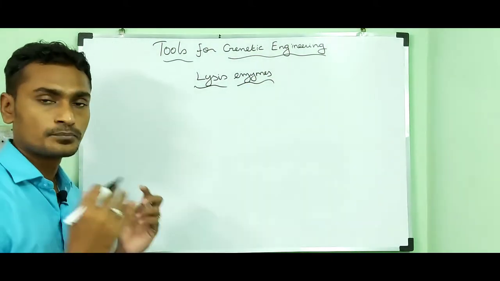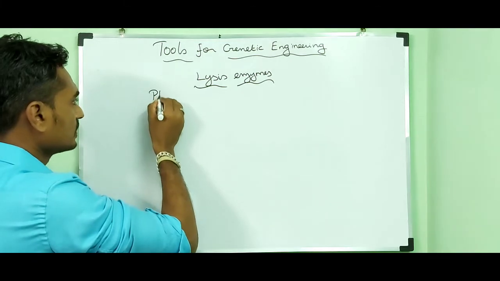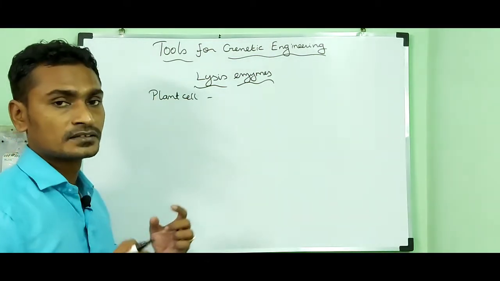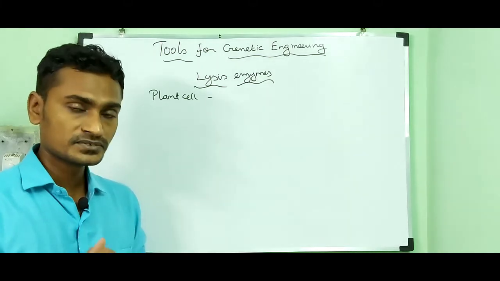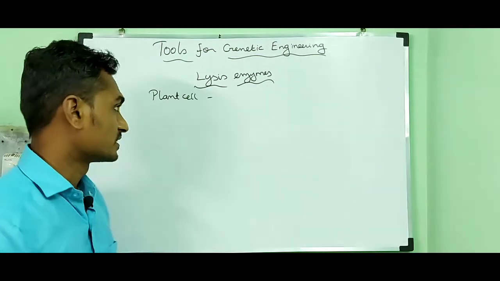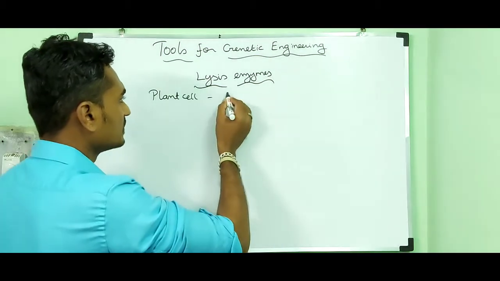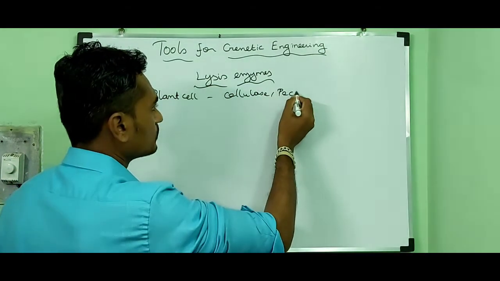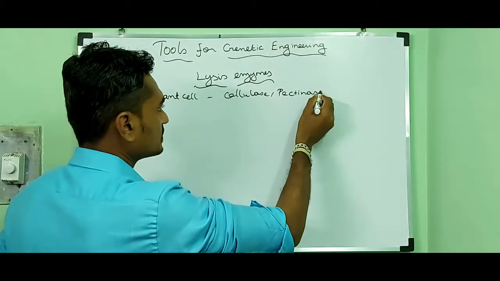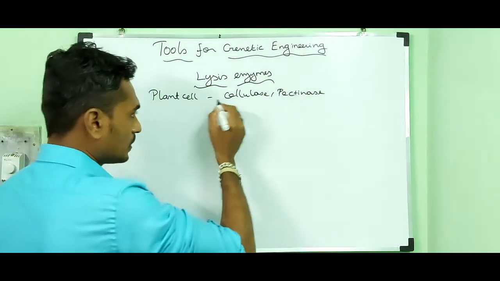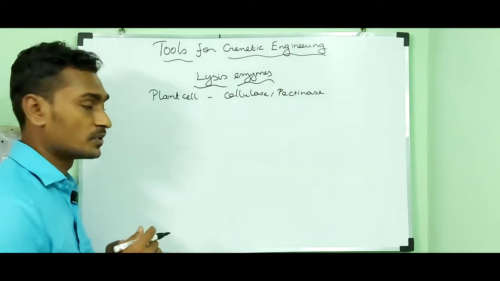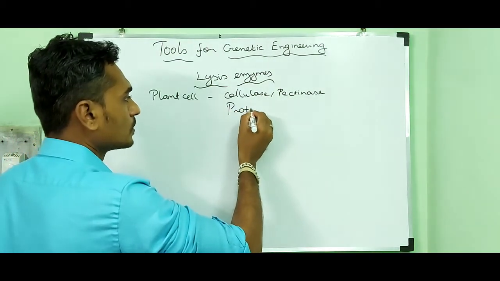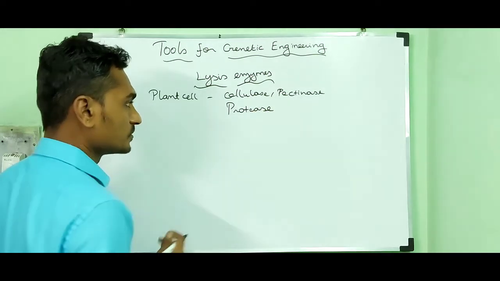Suppose it is a plant cell. The plant cell contains a cell wall made up of cellulose and pectin. So we have to use the enzymes cellulase and pectinase to digest the cell wall. Then it contains a plasma membrane made up of proteins, so we have to use protease.